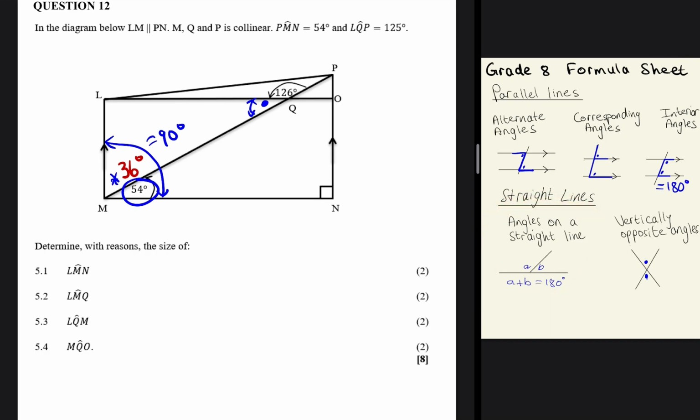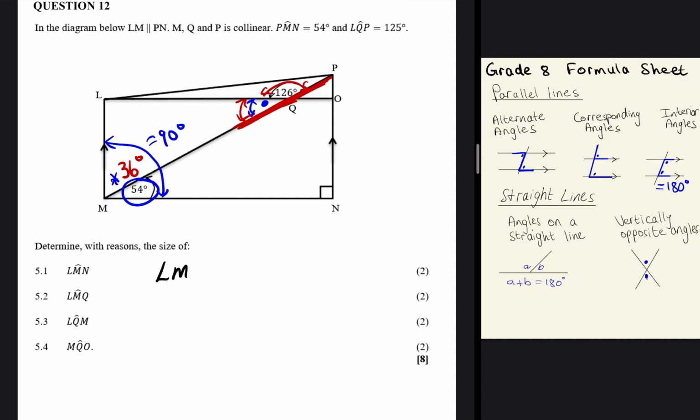Why are we using angles on a straight line? It's because if we look at the question, here's a straight line, and here you have the two angles that are supported by the straight line. So the two angles are this angle over here, 126, and the angle that we have to work out, LQM. And if they add up to 180 degrees, then we can continue with the question.